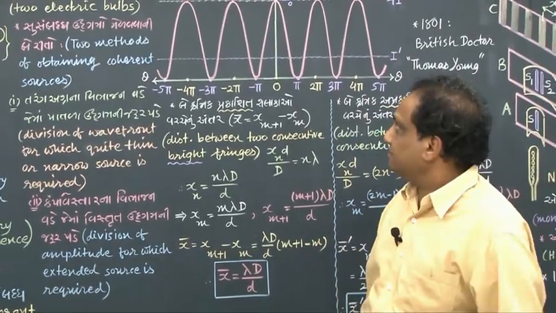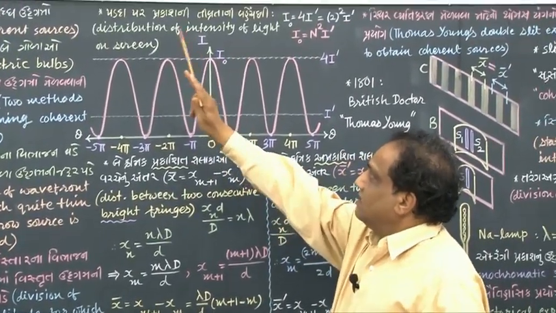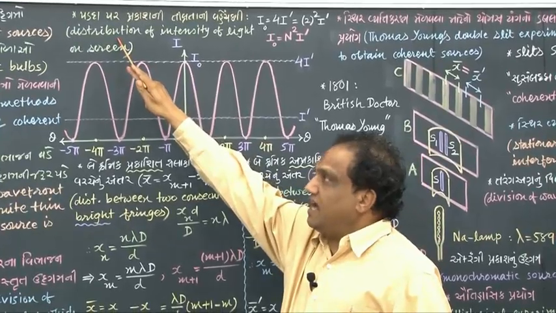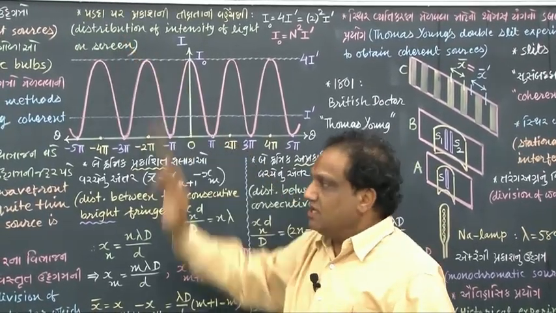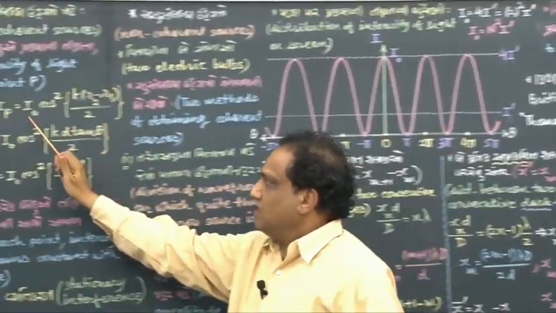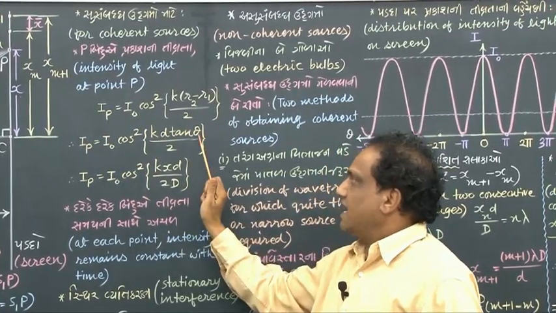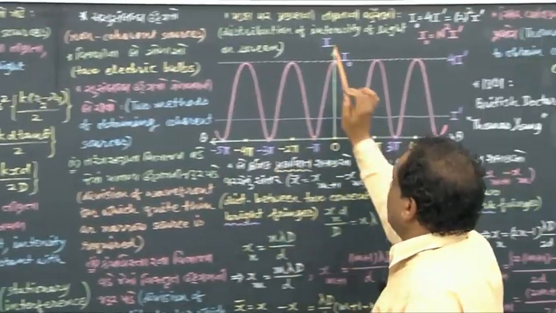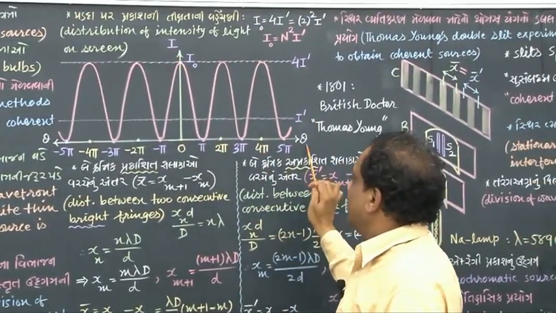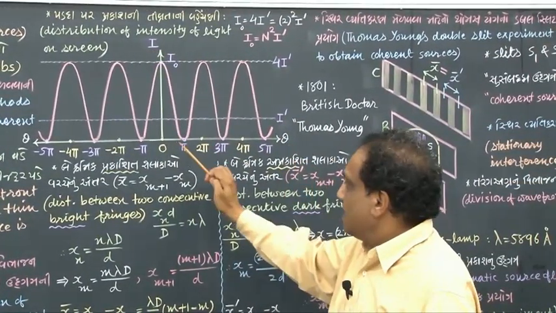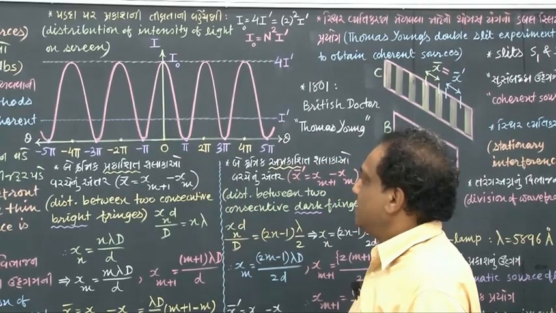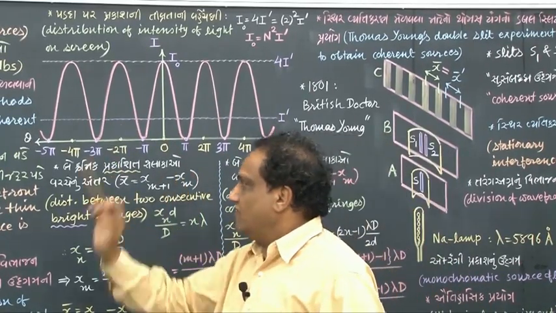I am showing you. Before that, let us plot the distribution of intensity of light at various points on the screen using this formula. Using this formula, you can plot a graph of intensity versus angle theta. Intensity I am taking on y-axis, angle theta on x-axis. Here I am showing positive values of theta, here negative values of theta.